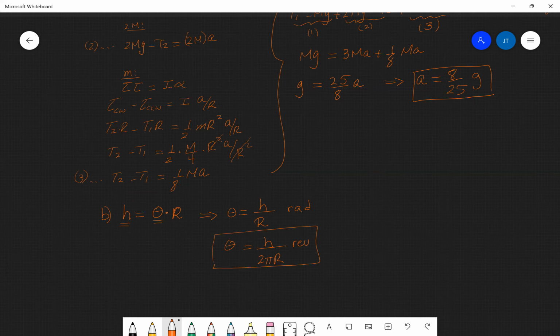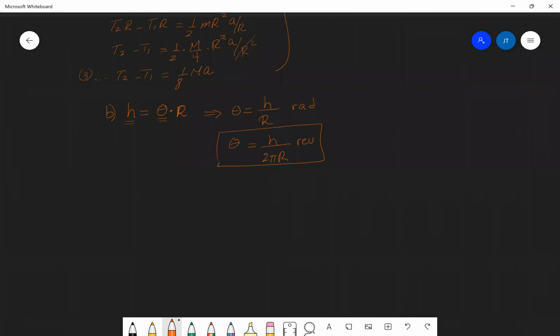Okay. Again, we could have done it another way. Could have said theta is theta 0 plus omega 0 t plus 1/2 alpha t squared. Obviously, this is 0. This is 0. So theta is 1/2 alpha t squared. Remember what alpha is?